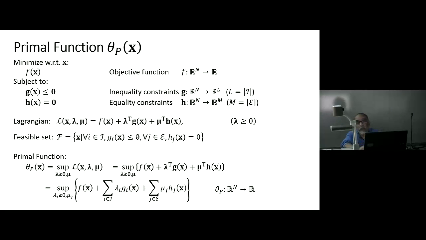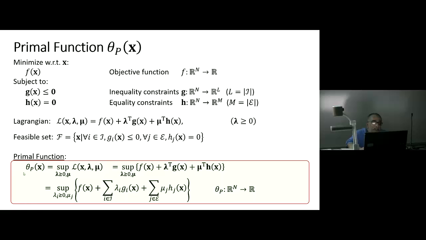Now, we've looked at the primal function, theta p of x. So this is everything we saw. And now the primal function is this. Theta p of x is the supremum of the Lagrangian with respect to the dual variables, lambda greater than equal to 0 and mu. So we are doing minimization with respect to x, the primal variable.